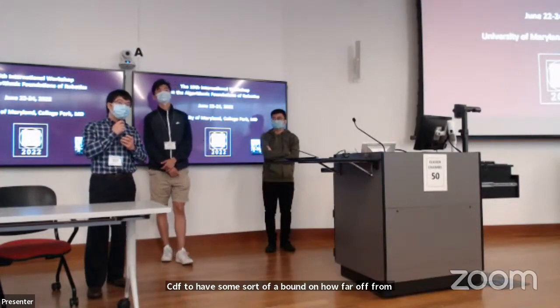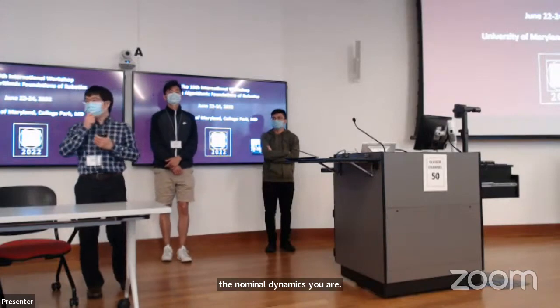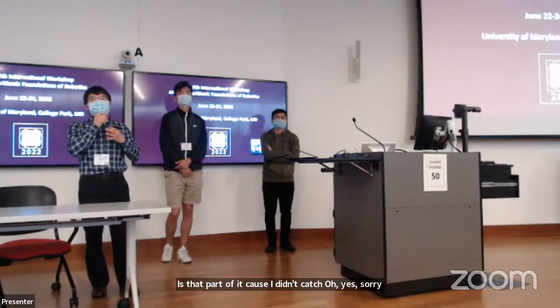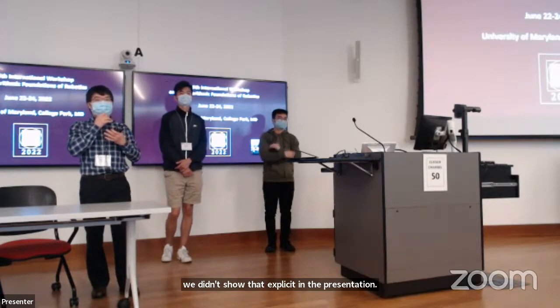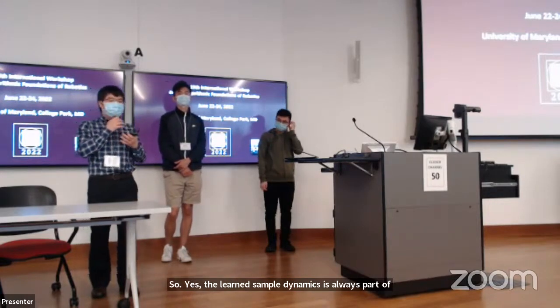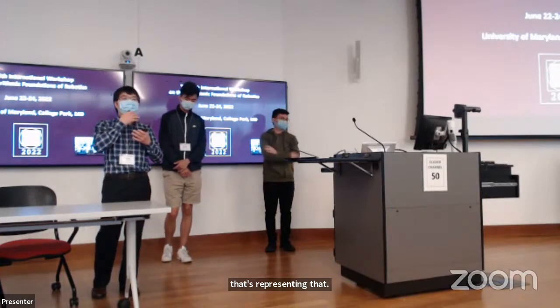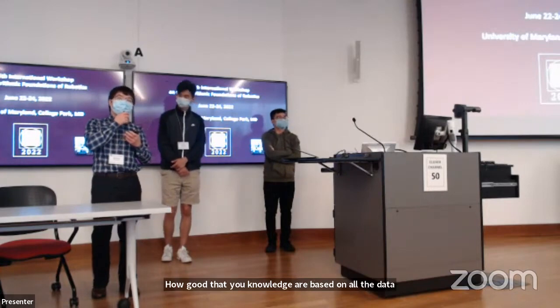Is that part of it? Oh, yes. Sorry, we didn't show that explicitly in the presentation. So yes, the learned sample dynamics is always part of the current control barrier function that you use, representing how good your knowledge is based on all the data you have seen from the history trajectories.